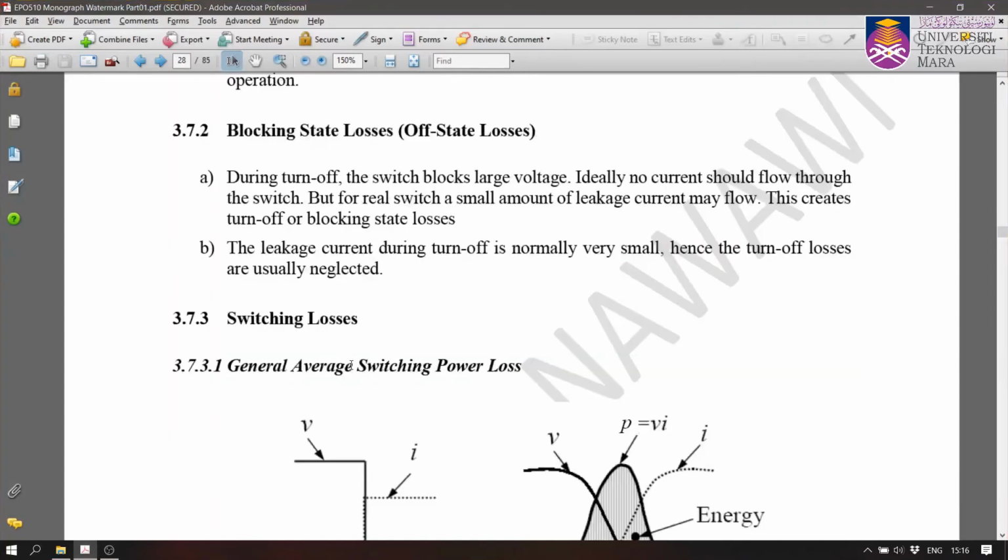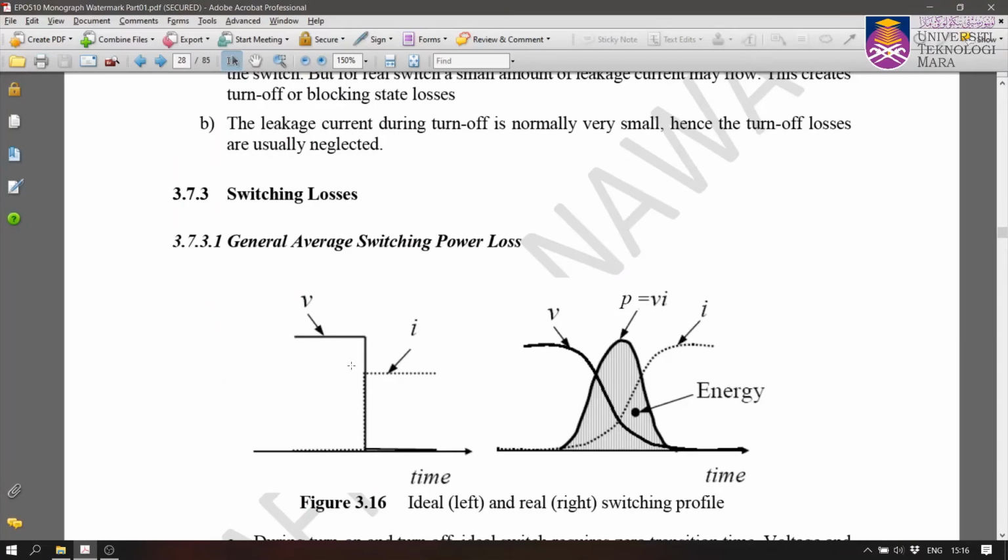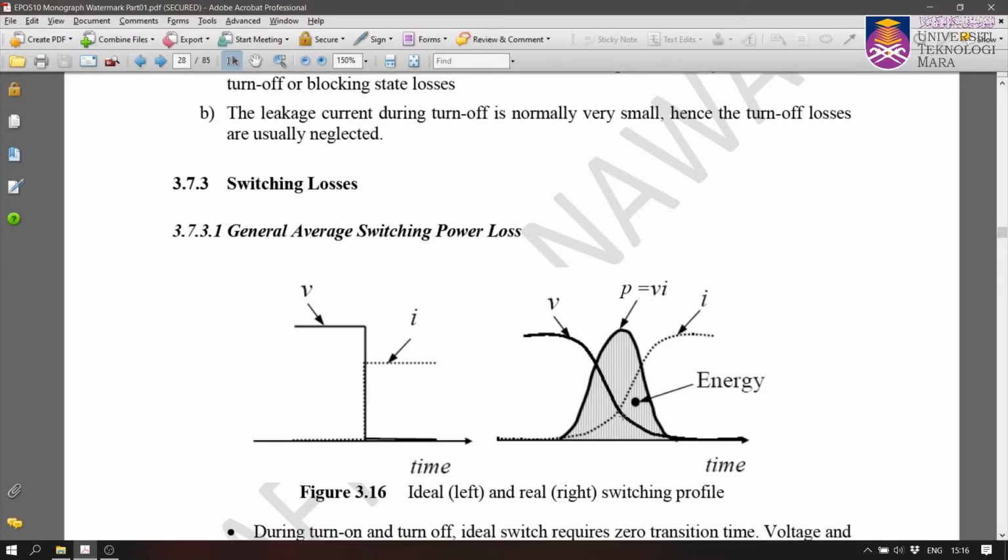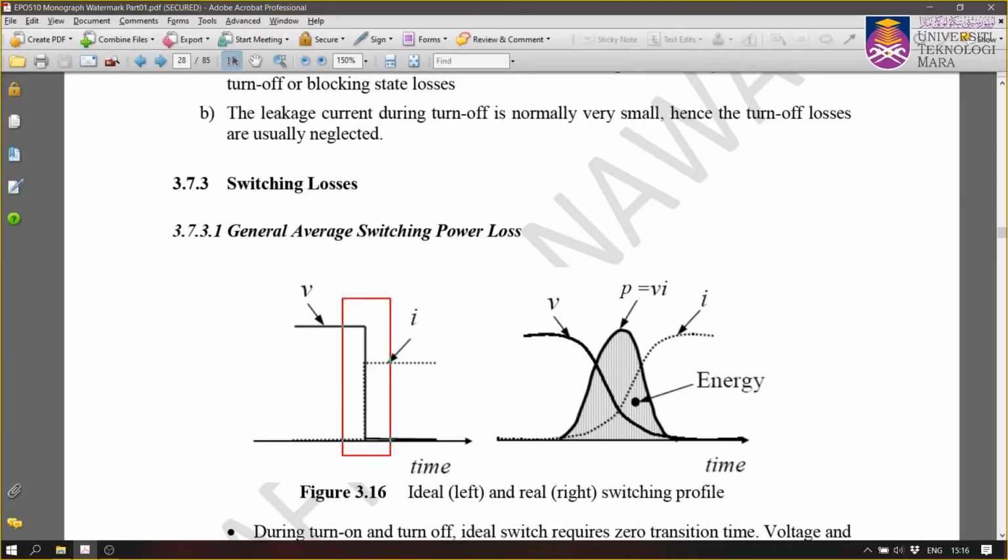Finally, the major losses actually come from the switching losses. Ideally, if you look at the transition of a device from on to off and off to on, when you turn on the switch, the voltage drops to zero, because the switch appears as a short circuit and the voltage across it is zero instantaneously. This is the ideal case.